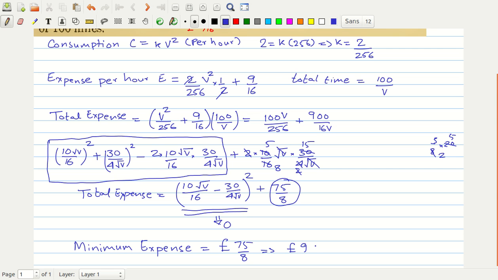So it is 7 shillings, and then you will be remaining with 0.5, so it will be 6 pence. But I think if you leave the answer here, this should suffice. The minimum cost is pound 75 by 8.